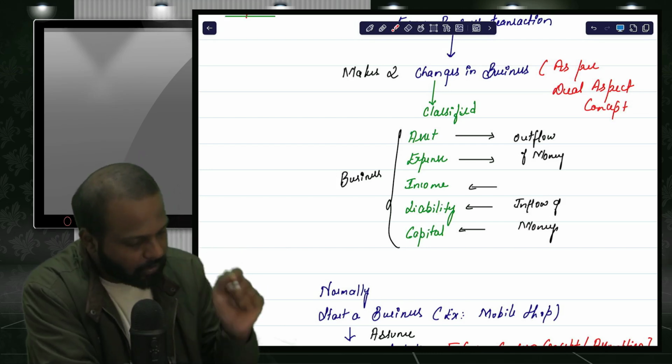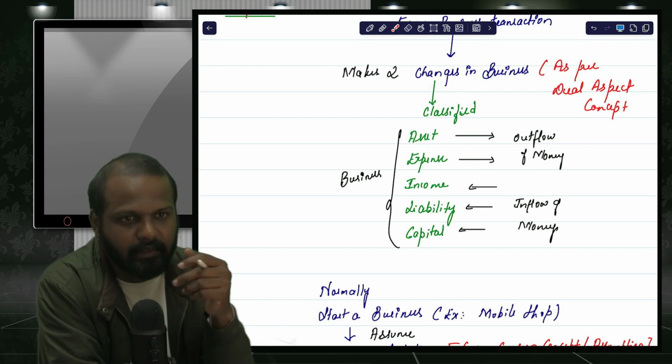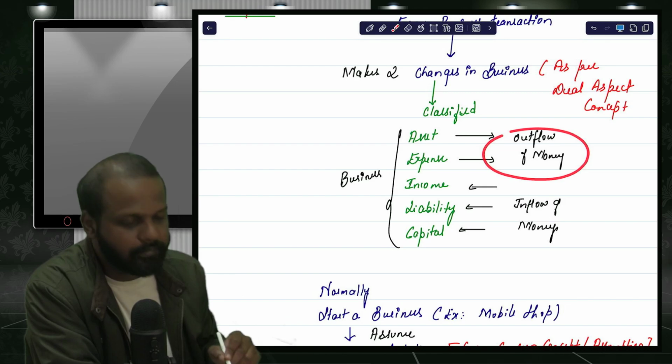See, listen. Whenever you buy an asset, any property or any asset, for example, building purchased, machinery purchased, furniture purchased, if you buy any asset for your business, money will go out of the business. There is an outflow of money.